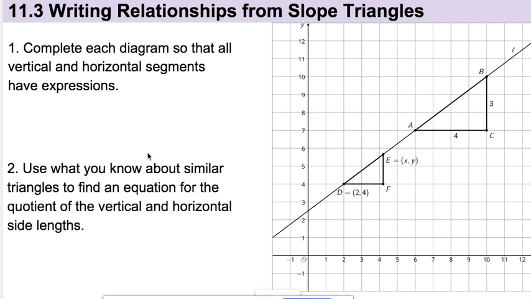Now take a look at the second example. Same type of situation. Complete each diagram so the vertical and horizontal segments have expressions. So let's look at our triangle ABC here. Same type of triangle. Vertical is 3, horizontal distance is 4.